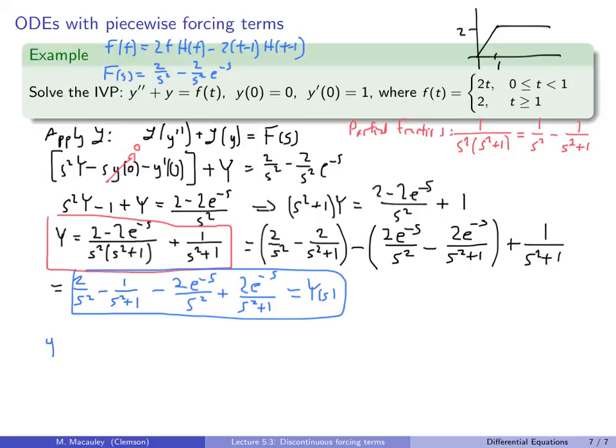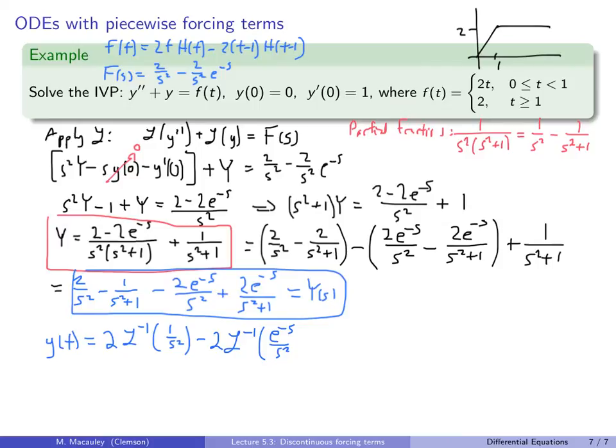So now the inverse Laplace transform of this, let's just do it piece by piece. It's 2 times the inverse Laplace transform of 1 over s squared minus, I'm going to actually move this term first. I'm going to put the s squared terms together. So that's going to be 2 times the inverse Laplace transform of e to the minus s over s squared.